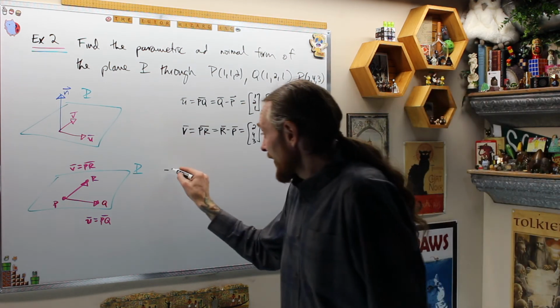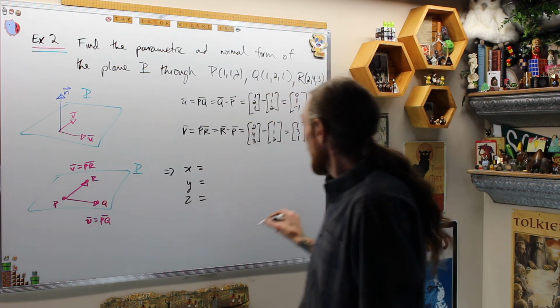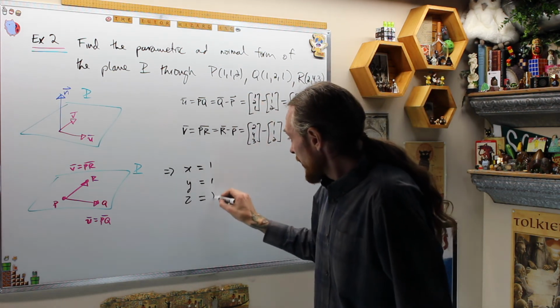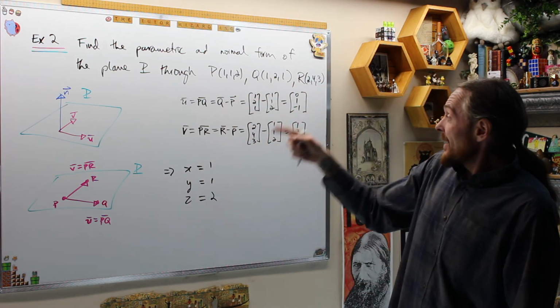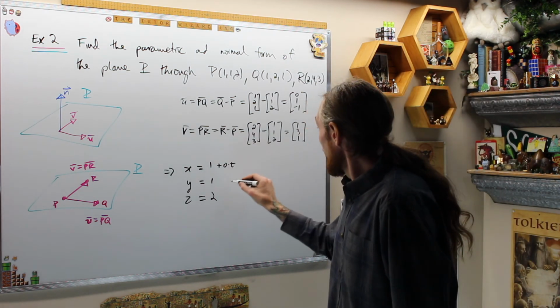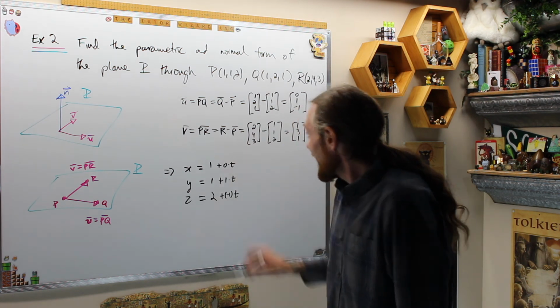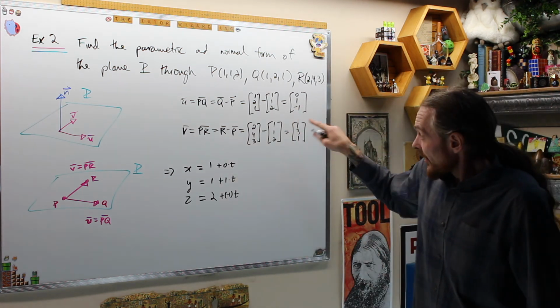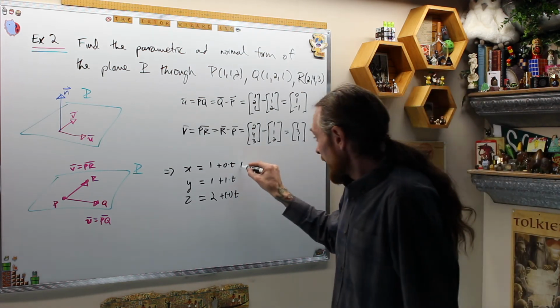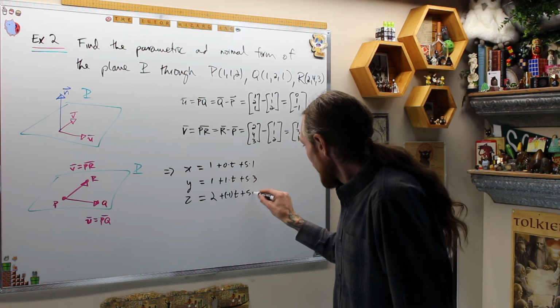This says immediately that x, y, z equals my point (1, 1, 2), and then t times u, which will be 0 times t plus 1 times t plus negative 1 times t, and then s times v, which will be s times 1 plus s times 3 plus s times 1.